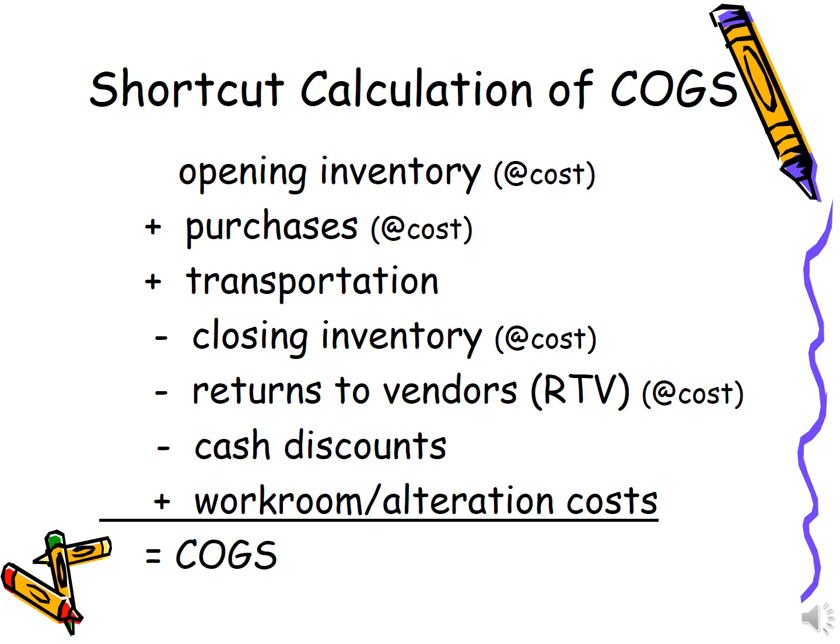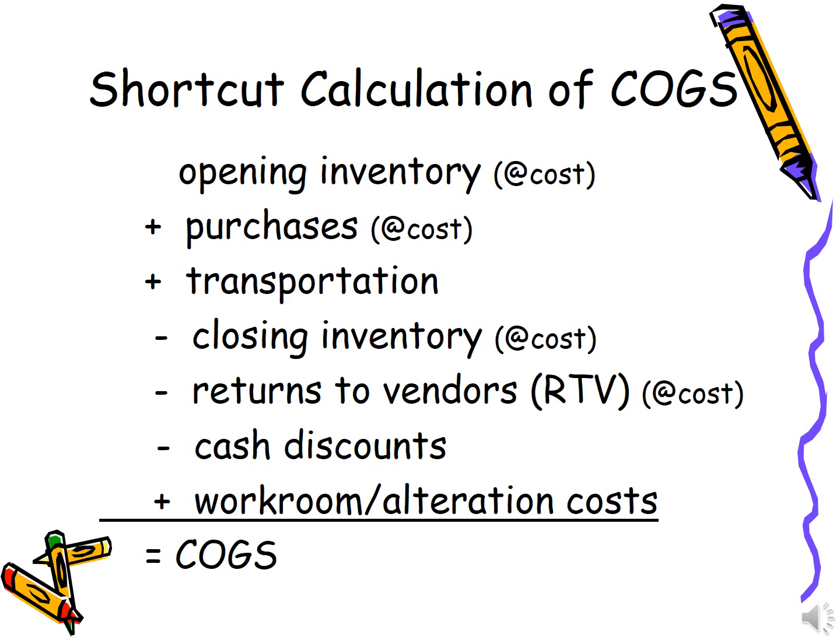So here's the shortcut calculation for cost of goods sold. Opening inventory plus purchases and plus any transportation, and minus closing inventory, minus returns to vendors, and minus cash discount, and finally add in the workroom or alteration costs that you had to pay, okay? And that leads to our cost of goods sold, okay?